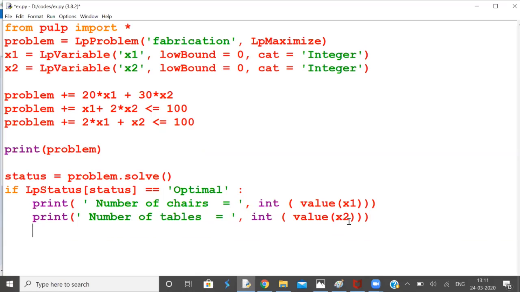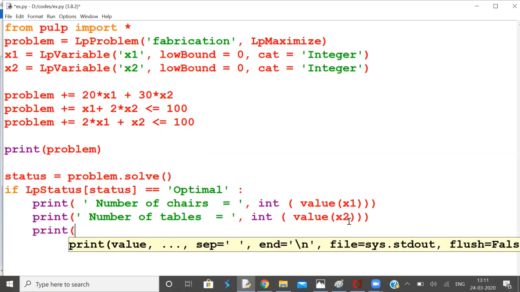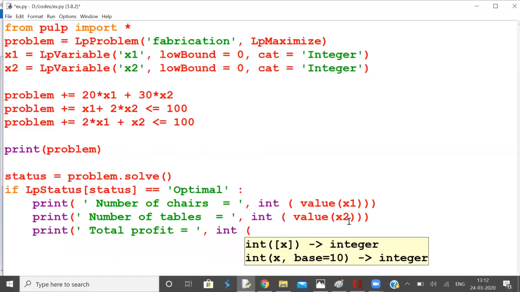Fine. Next, print say total profit. This is int. This is the objective of the problem.